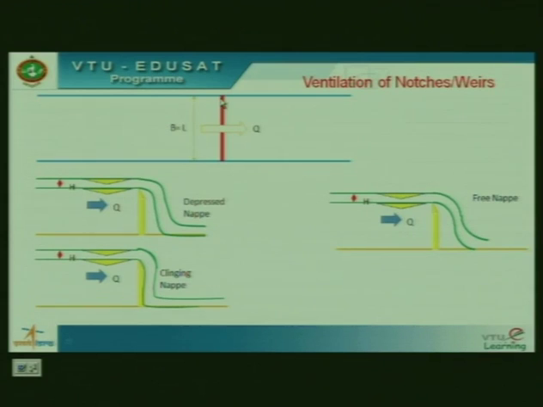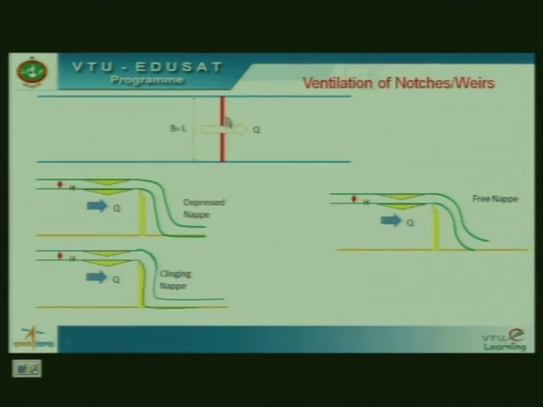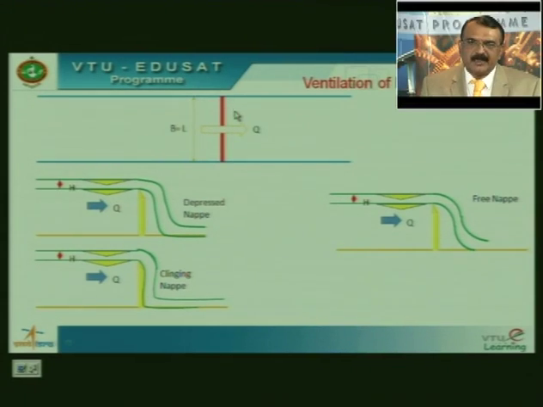Again I repeat, in the case of a notch without end contractions, whenever there is a flow, some air is trapped between the notch and the free jet. The pressure of this air at the beginning is atmospheric. This entrapped air is carried away by the flowing water gradually.